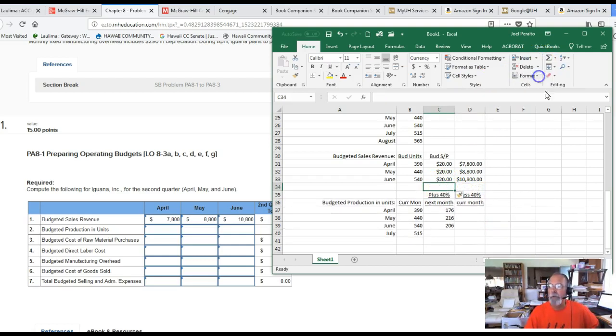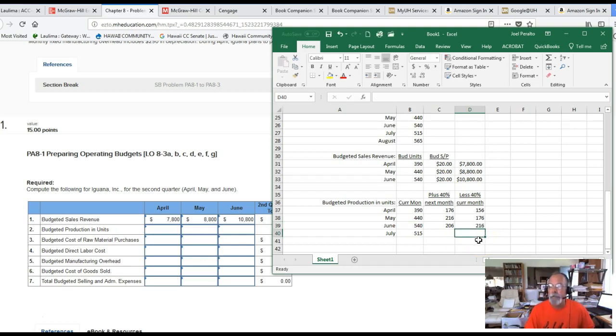Then we back out 40% of this month's sales. So plus April times 0.4, plus May times 0.4, and plus June times 0.4.